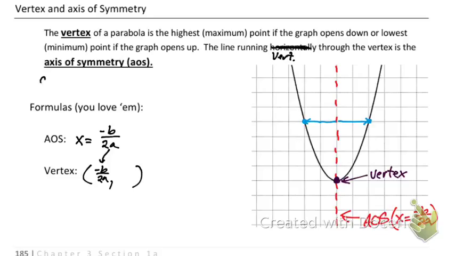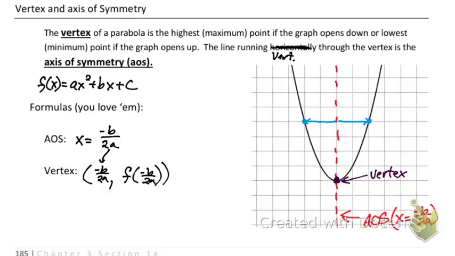So if my formula was f of x equals ax squared plus bx plus c, I would just take whatever number's here, plug it in there, and the result would be your y value. Because even though it says f of x equals, it really is y equals. So you're just going to take this number and make it your input. So our y value is going to be f of negative b over 2a.